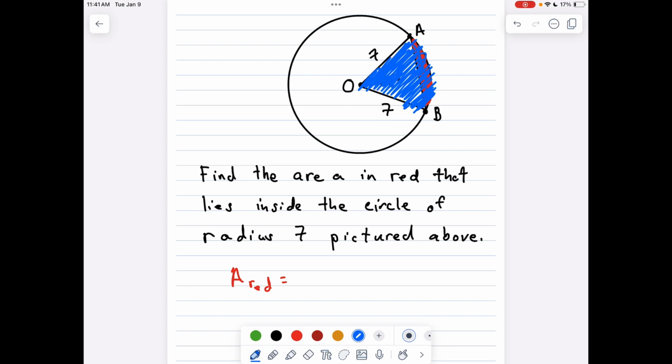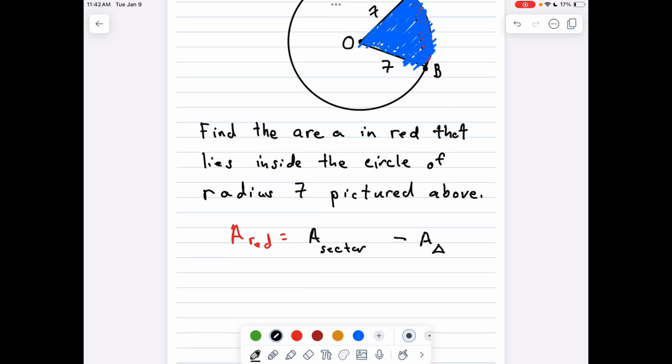The area in red is everything encapsulated in that sector, from A to B. The area of that sector minus the area of the triangle gives you the area that we want in red.